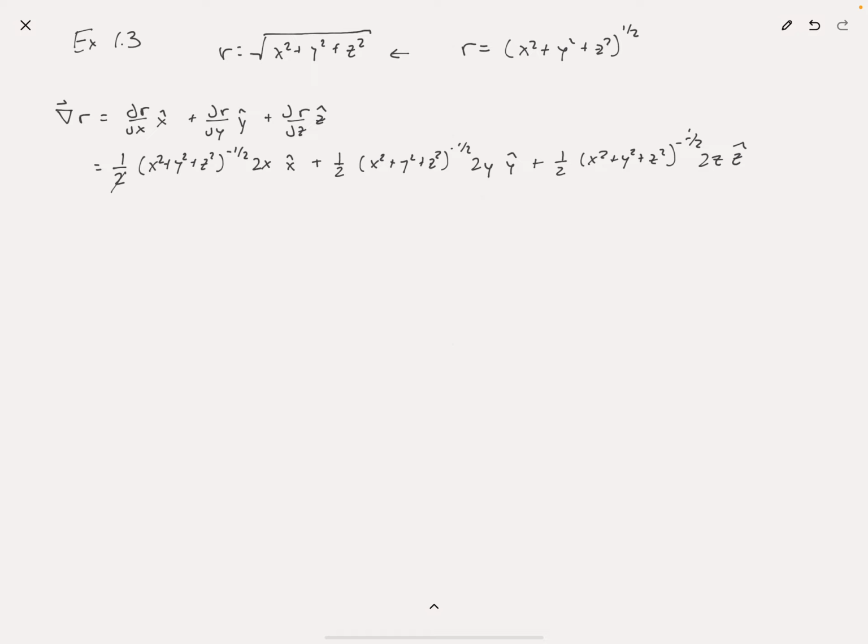All the 1/2s and the 2s cancel. All of the denominators are the same: the square root of x squared plus y squared plus z squared. And we're left with x hat plus y hat plus z hat.